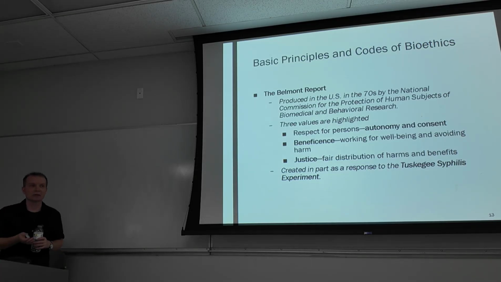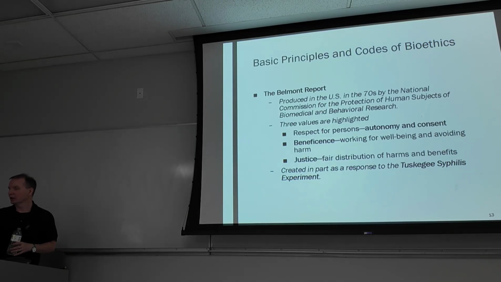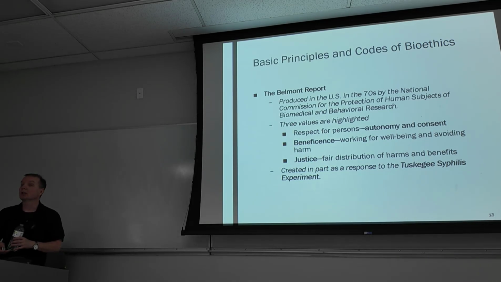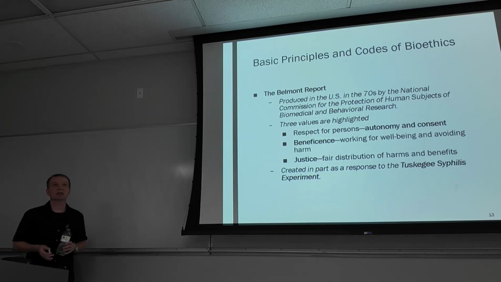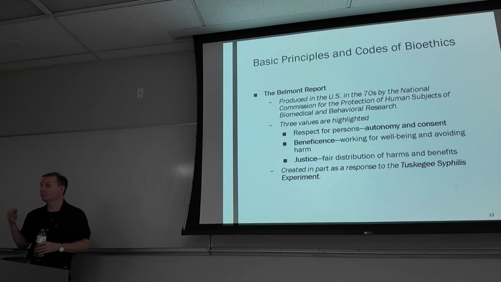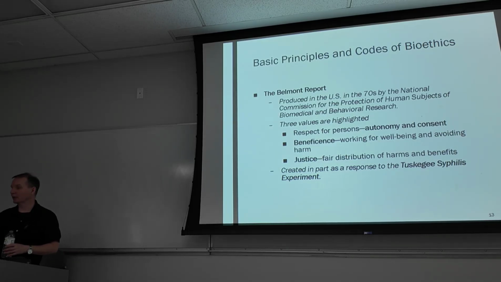Even back then it was already an issue, and one of the issues was related actually to the Tuskegee experiment, which we'll talk about in a moment, because that created a lot of controversy. They issued this report, and it highlighted 3 values which medical professionals and other researchers should abide by.